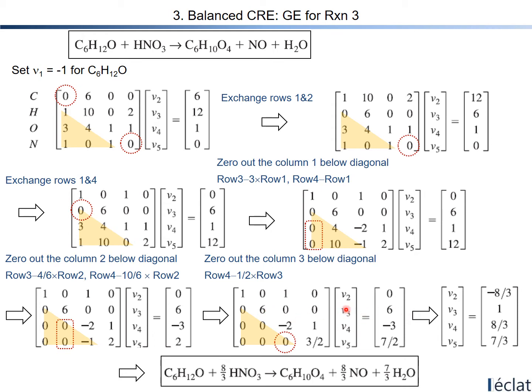But in this case, we have a lot of zeros, and just nu 3 is 1. 6 nu 3 is equal to 6 without any values of nu 4 and nu 5, so nu 3 is equal to 1. After getting those three values, of course we could calculate the value of nu 2 by using these equations. Then this is the final balanced chemical reaction equation.